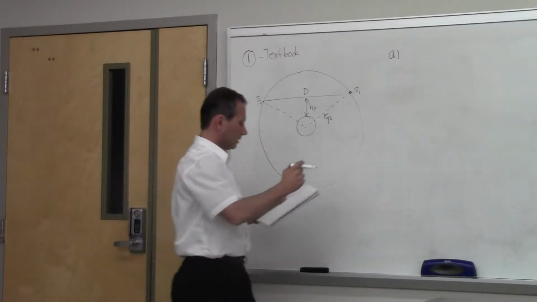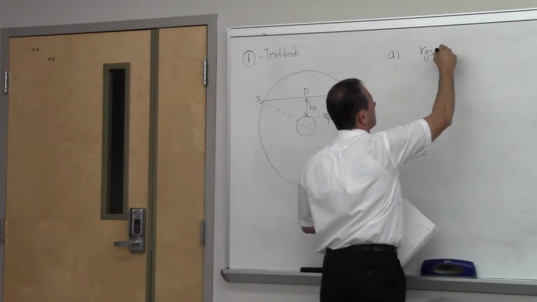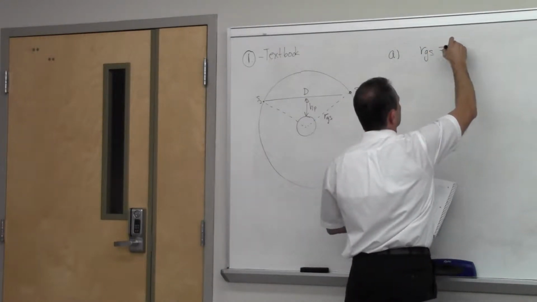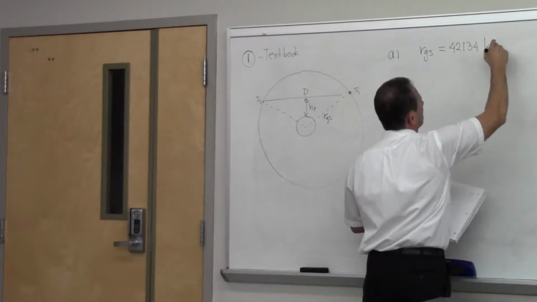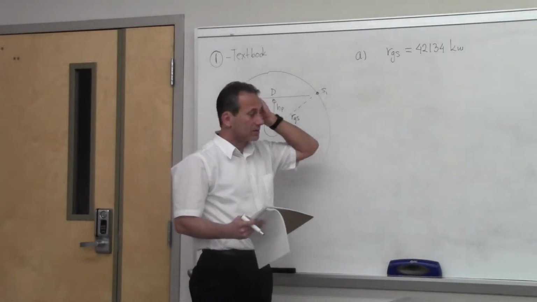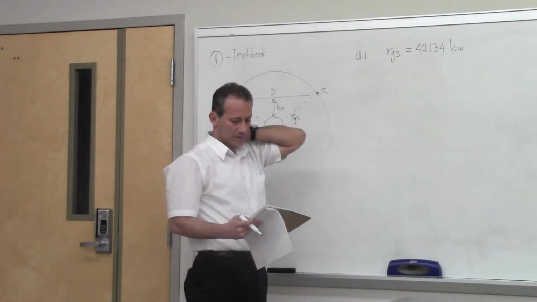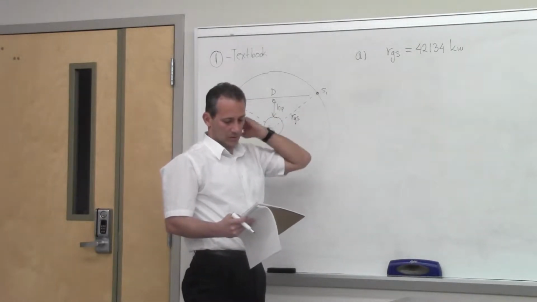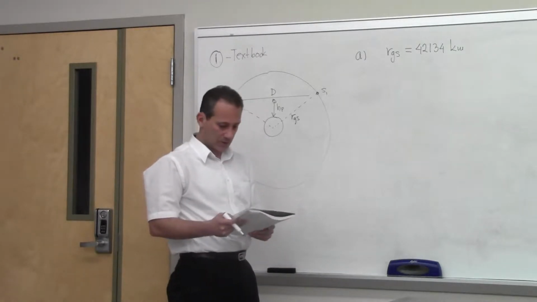And we say our R_GS, we calculated it in an example last time, is 42,134 kilometers. If you look at the example that we did towards the end of the last class, we calculated this number from the requirement that your orbit period is exactly the one of the Earth rotation.